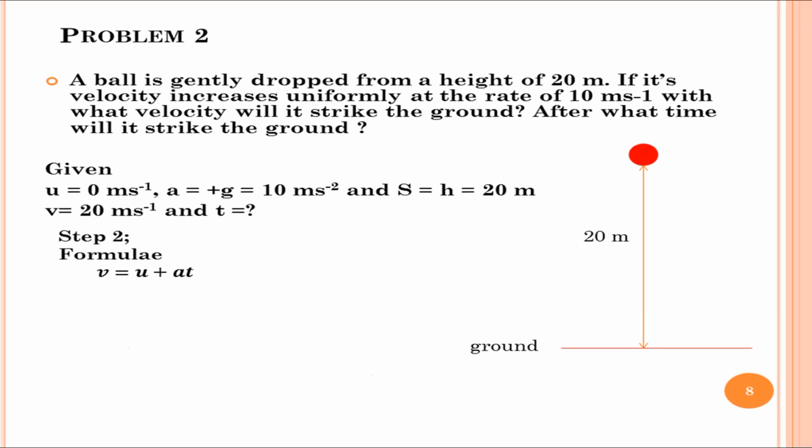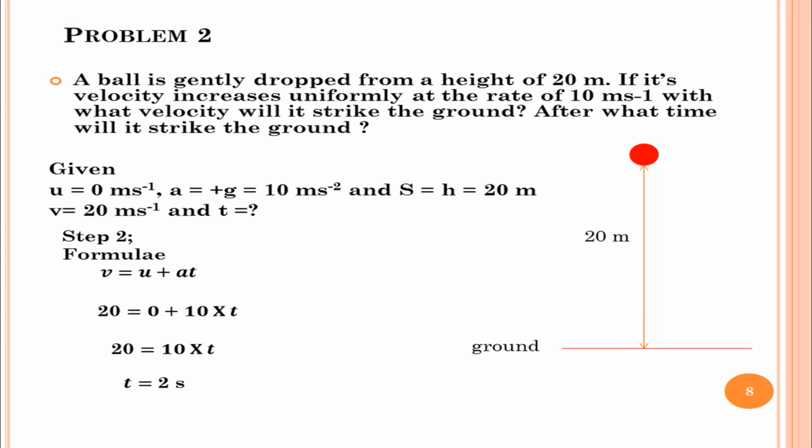The next part is after how much time the ball reaches the ground. Now we are using the relation v is equal to u plus at. Here v is the final velocity which is not given in the problem, but we got it from the previous step. Its value is equal to 20 meter per second.